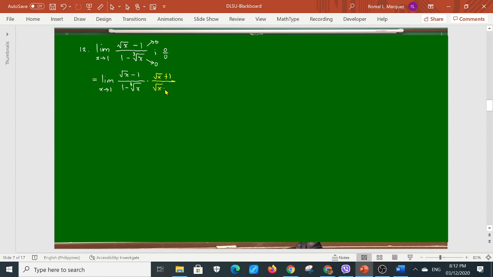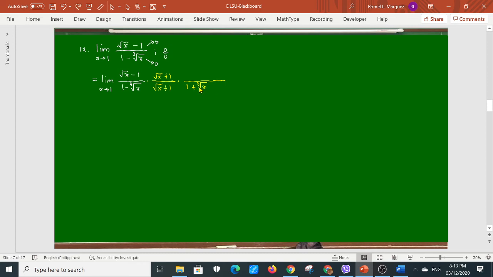Then for the cube root radical, how do we make it disappear? This is a minus b, so the multiplier is a squared, so 1 plus the product, cube root of x.